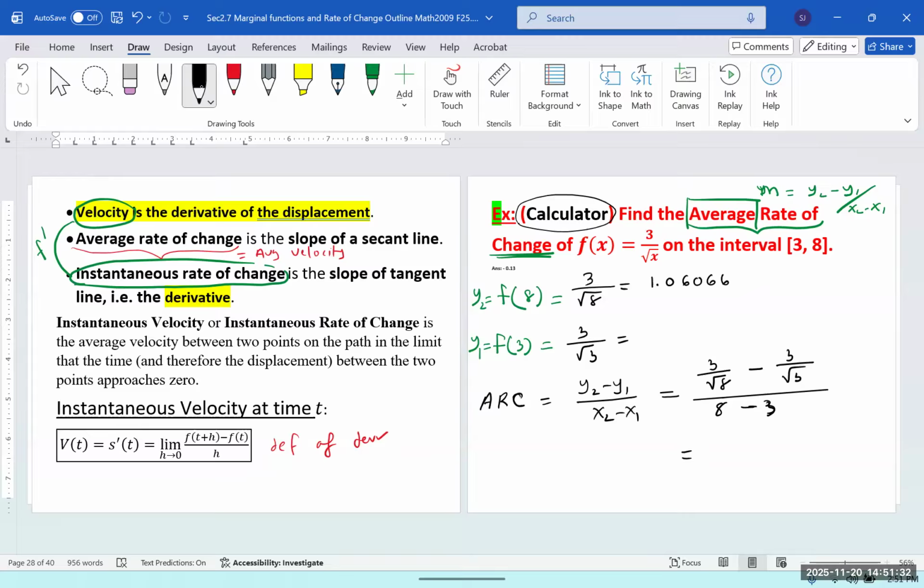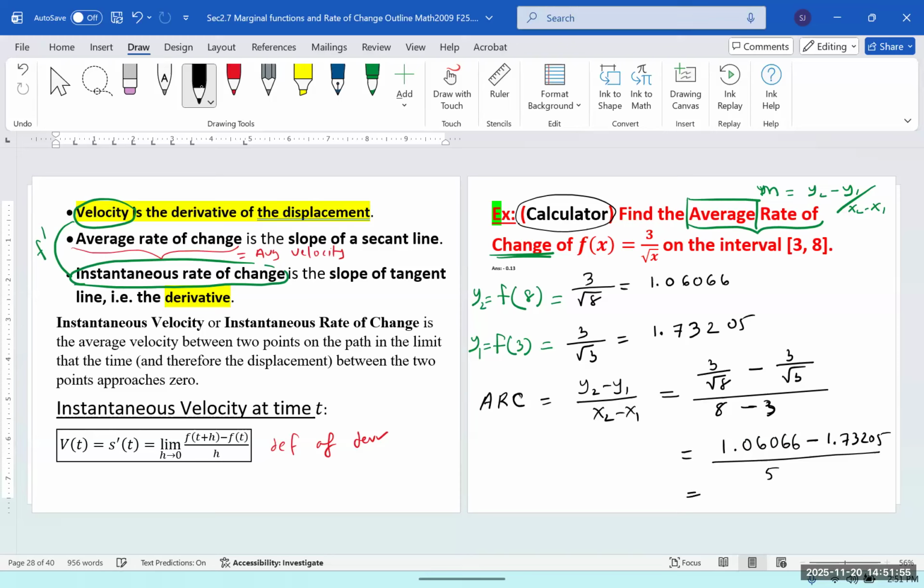Decimal 1.7320. 1.73205. So we have 1.06066 minus 1.73205 divided by 5.